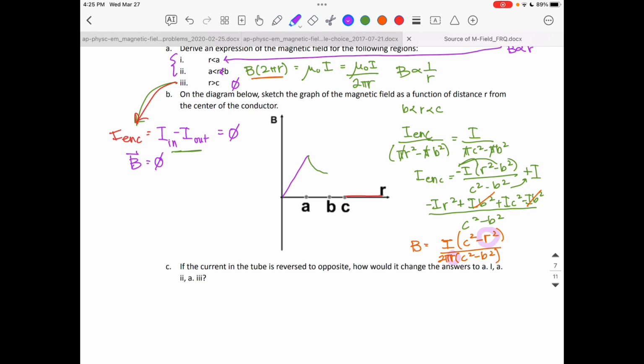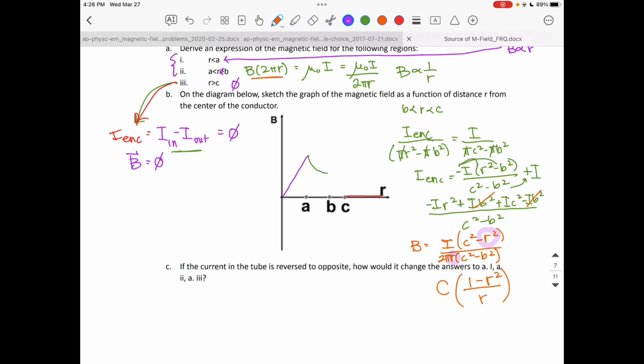So if you made up some values for c squared and b squared, you would be able to pull out some number of values, and in essence, if we simplify everything down, we would get a bunch of constants out here, and then essentially, let's just make it easy, 1 minus r squared all over r.